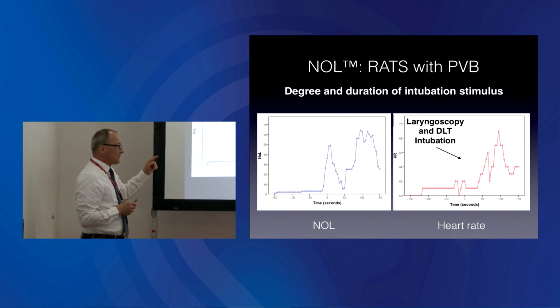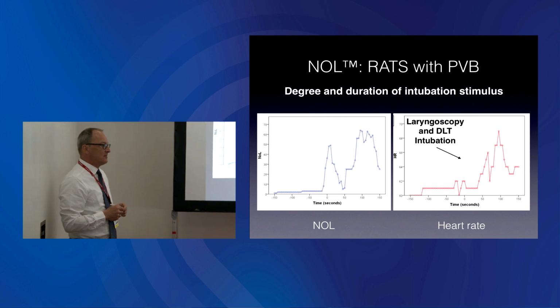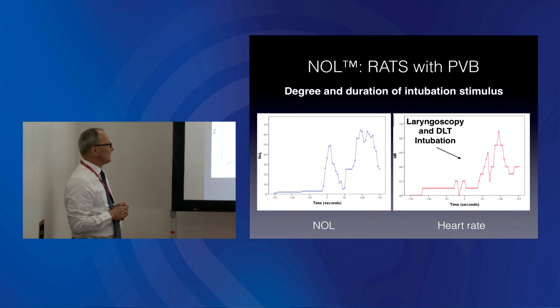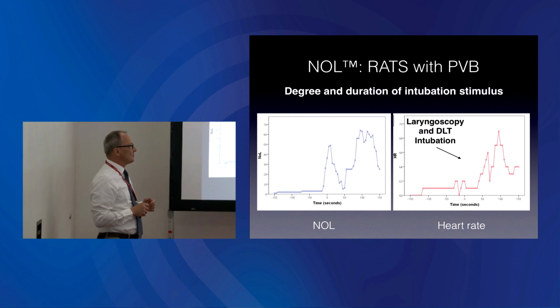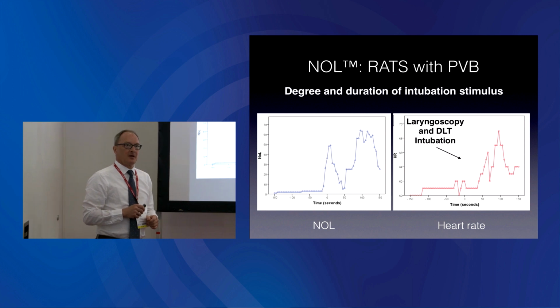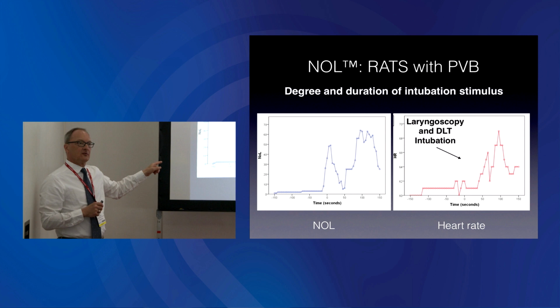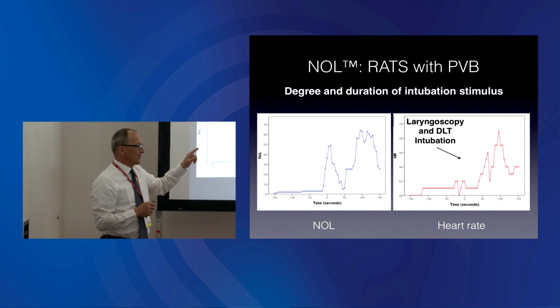Now, if you look at the same time at the heart rate that is documented in the patient's recordings, you don't get the immediate heart rate change when you intubate, but you get it thereafter. So there is an advantage to adding more components into a nociception monitor than just looking at the heart rate.